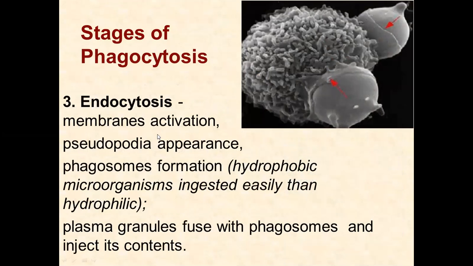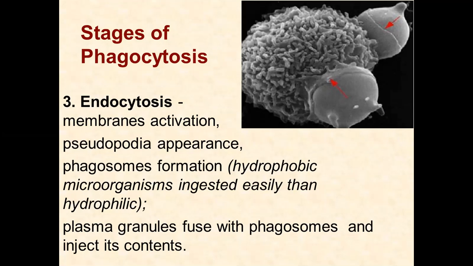The third stage is endocytosis. It's membrane activation and appearance of pseudopodia, which engulf the foreign cell. In this slide, it's erythrocytes, but bacteria are engulfed in the same way. And the phagosome formation appears.